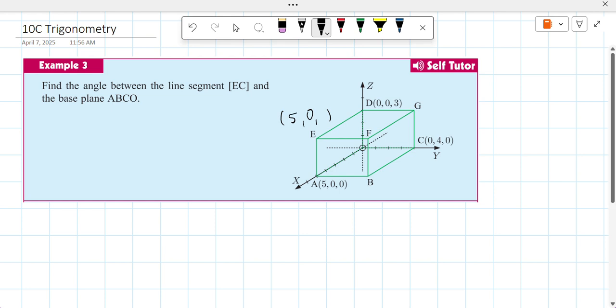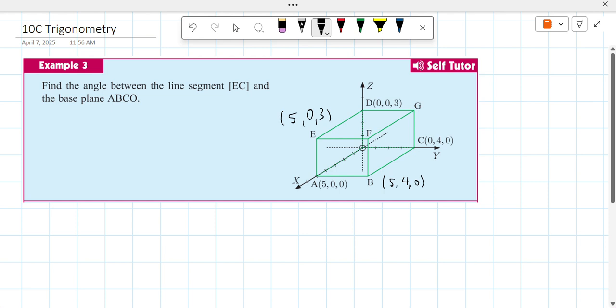Finally, the z value seems to be on the same level as the point D, so the z value will be 3. So I know that the point E is at (5, 0, 3). I think we can also find point B, although it might not be necessary. Point B seems to be at (5, 4, 0).